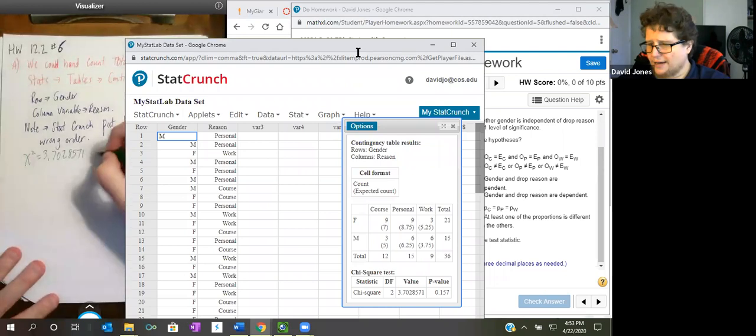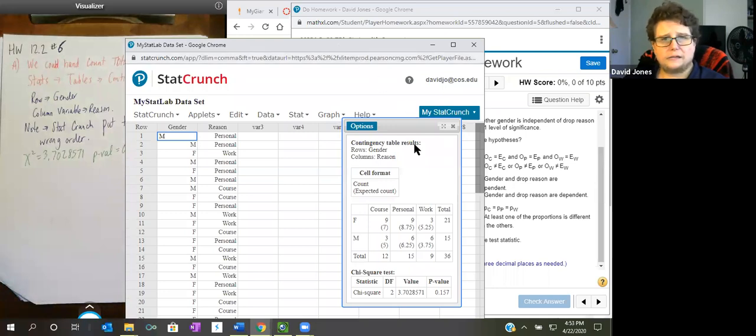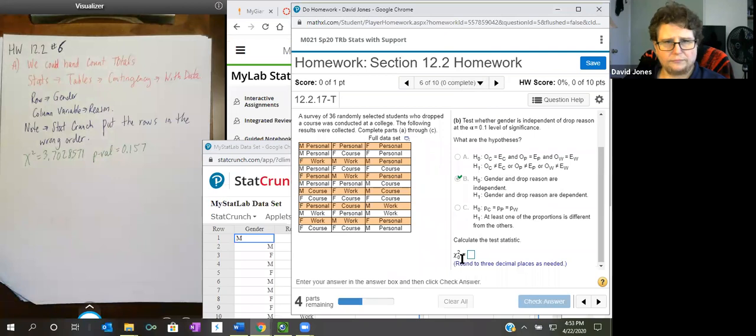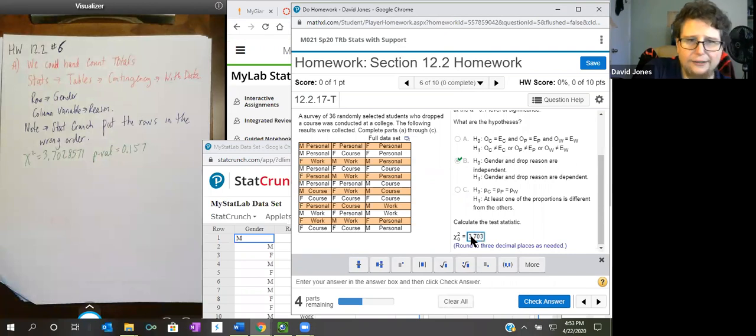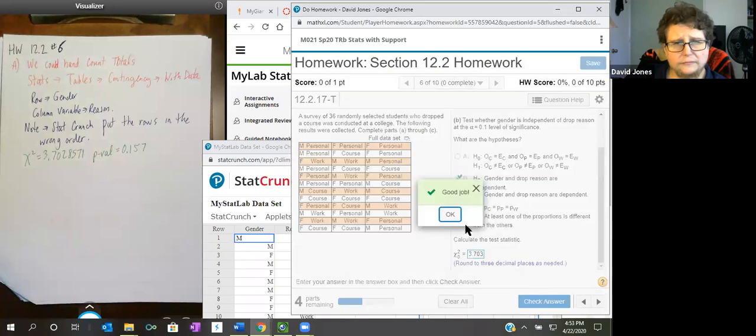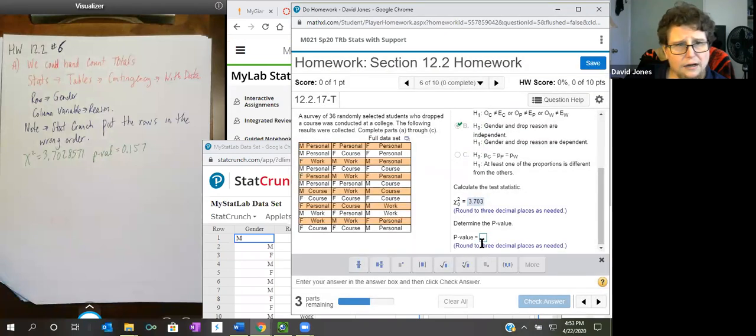And I've got a p-value, 0.157. 0.703 here. 0.157.